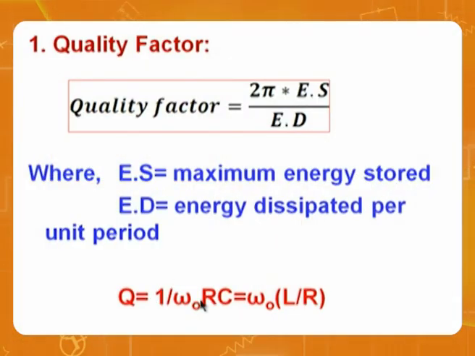So quality factor after calculating will become 1 by omega RC, or omega L by R. In general, you can simply say X by R. This equation is finalized as reactance by resistance. Okay. So let us use this quality factor in our further discussions.